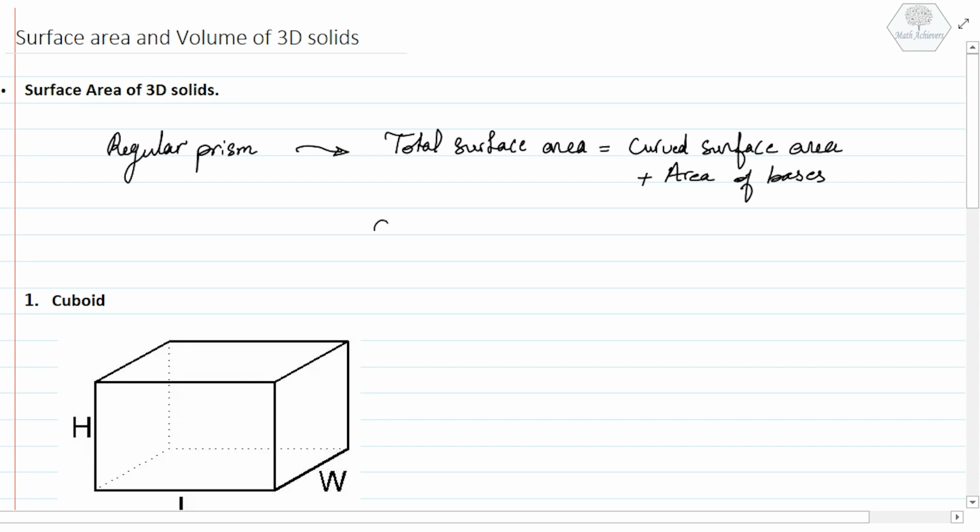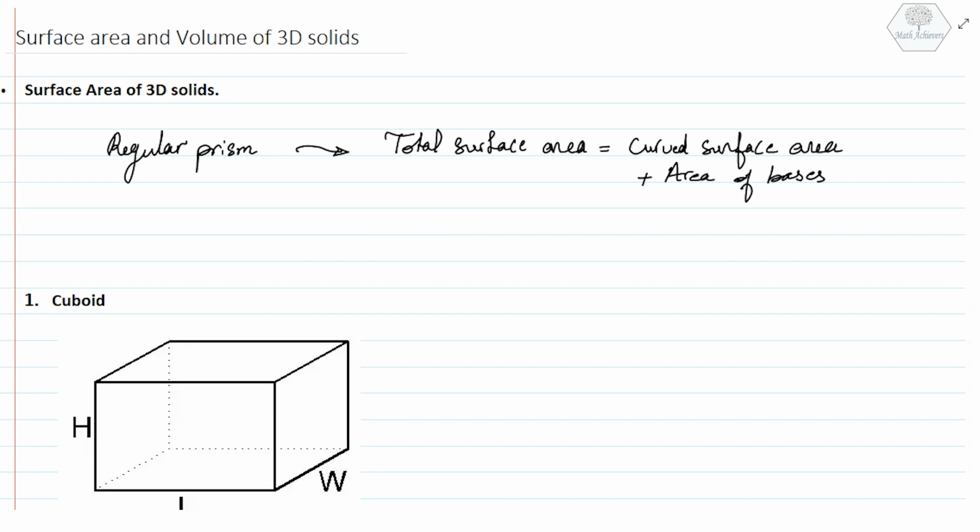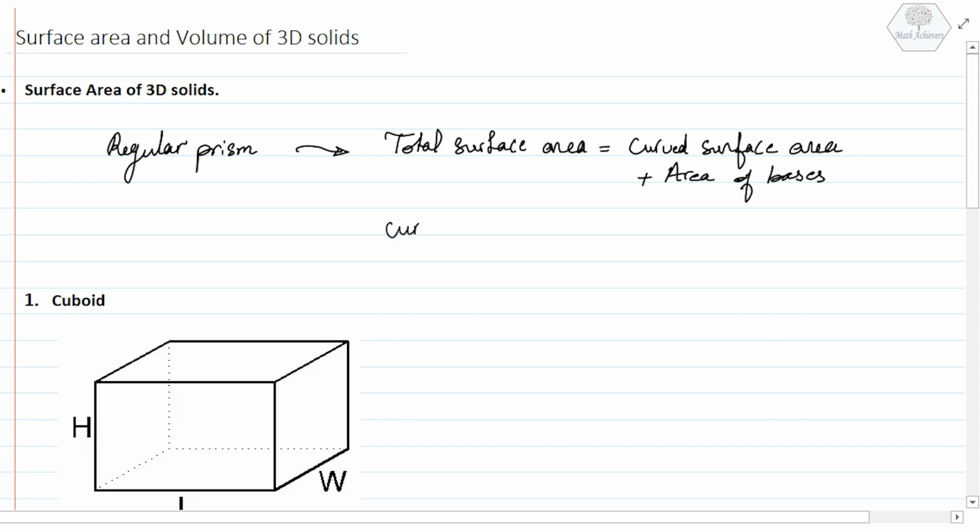But the curved surface area for any prism is simply equal to the perimeter of the base times the height.